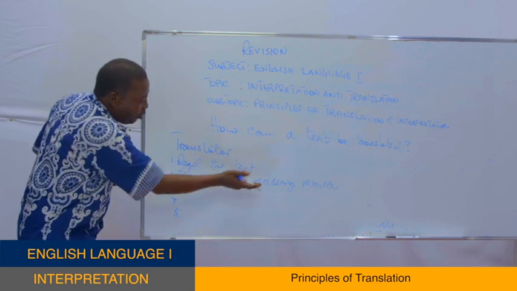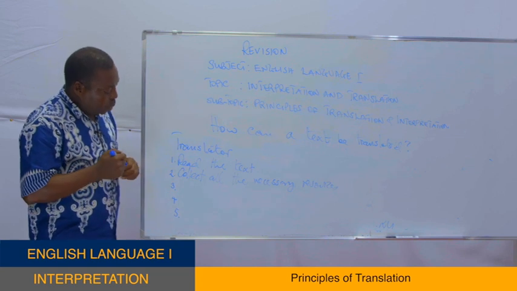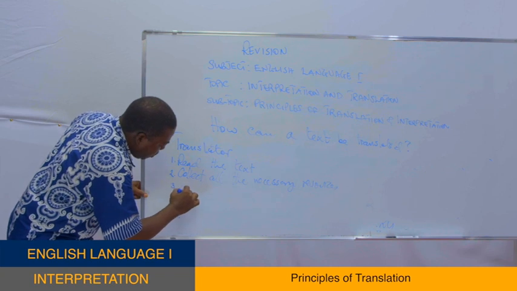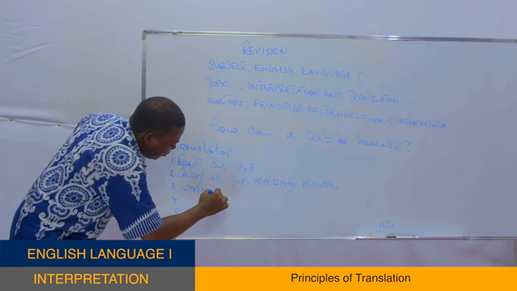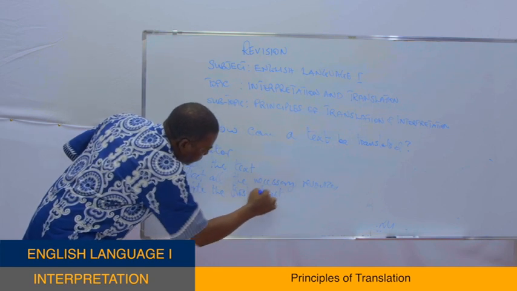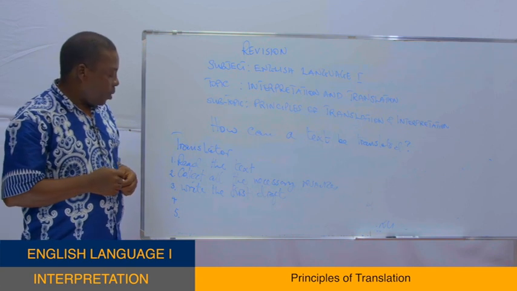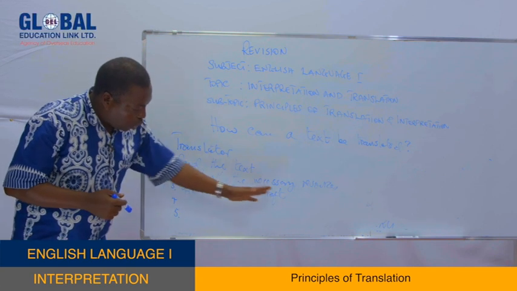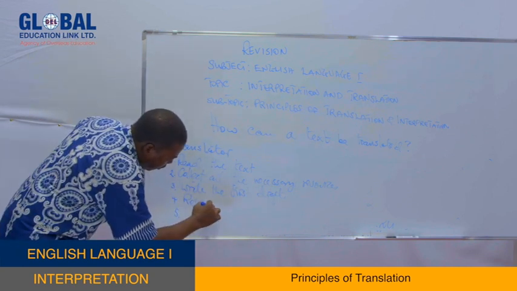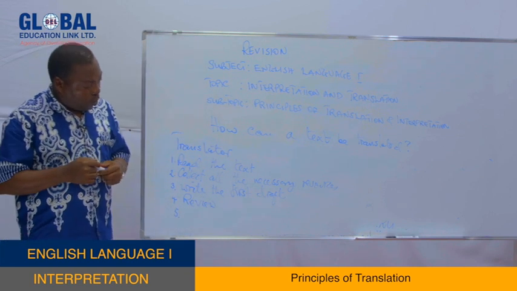And when you are satisfied that you have all the resources that you want, then you go to stage number 3, whereby you have to write the first draft. When you are through with the first draft, then you go to the fourth, which is to review the draft.